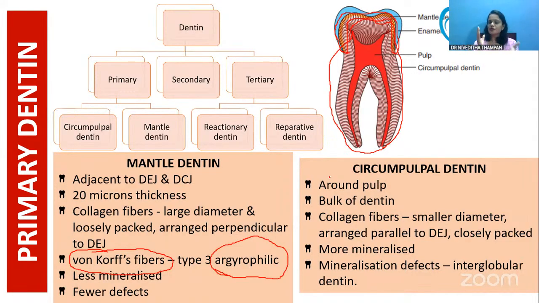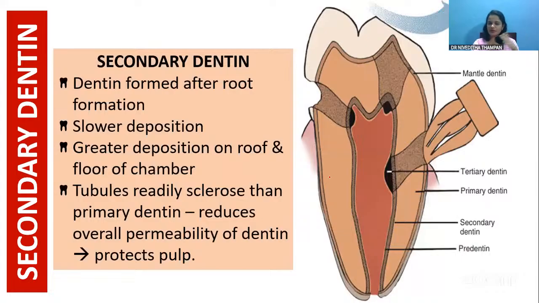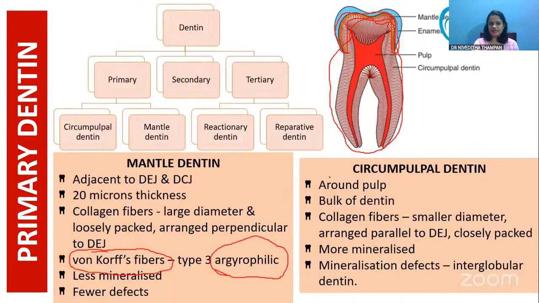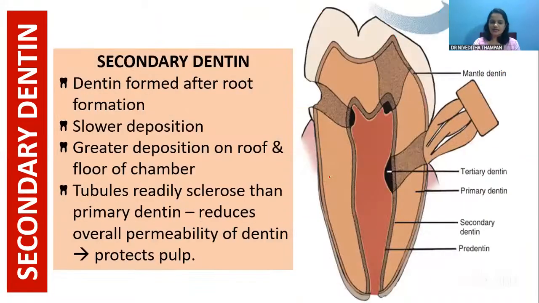The circumpulpal dentin is also more mineralized, and you can see lots of mineralization defects in the form of interglobular dentin. So that is all about the primary dentin. Primary dentin has mantle dentin, the one seen just below the DEJ, and the circumpulpal dentin, which forms the bulk of the tooth.